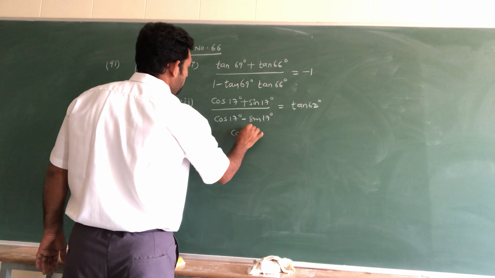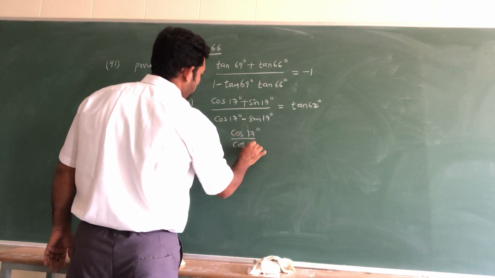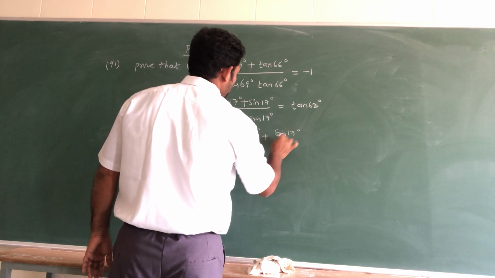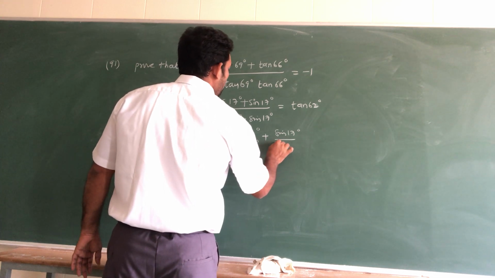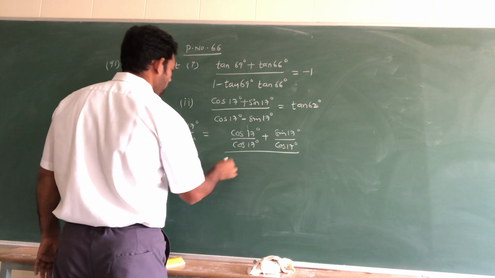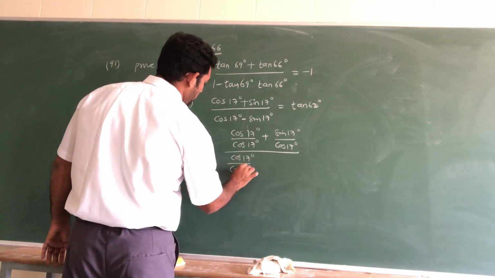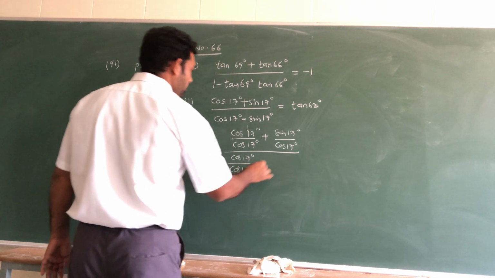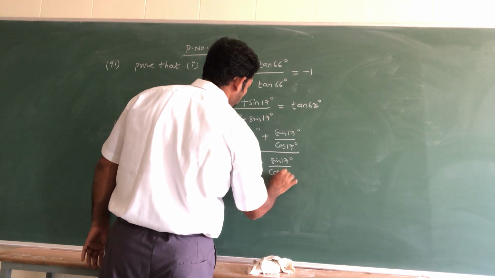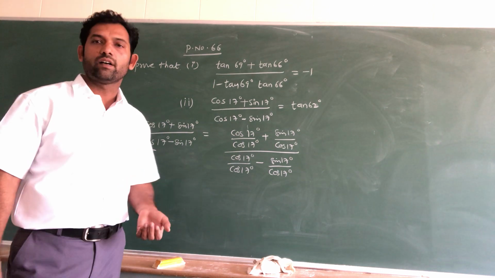Cos 17 degrees divided by cos 17 degrees plus sin 17 degrees divided by cos 17 degrees, whole divided by cos 17 degrees divided by cos 17 degrees minus sin 17 degrees divided by cos 17 degrees. So numerator and denominator divided with cos 17.